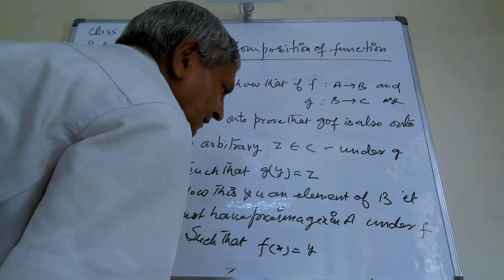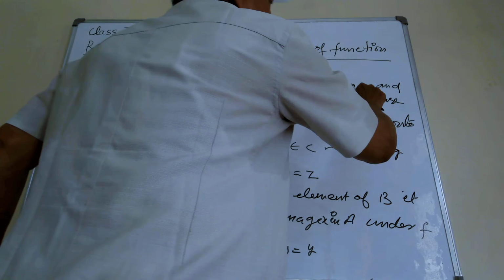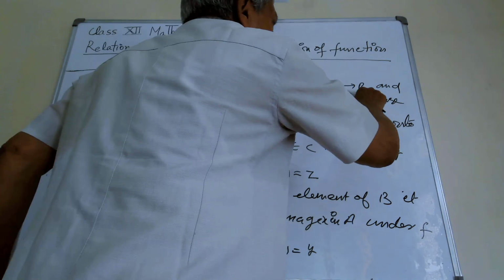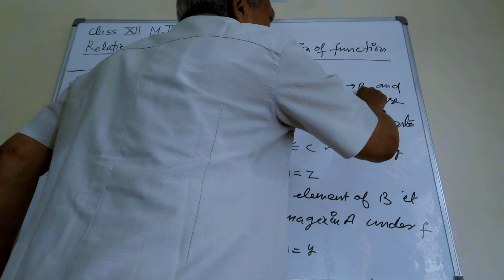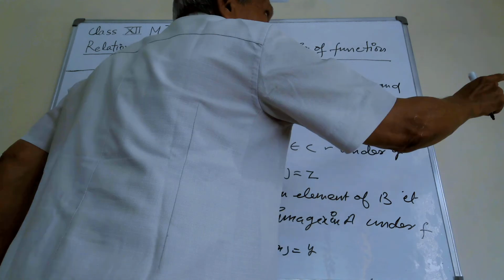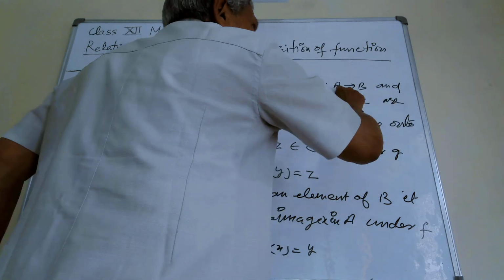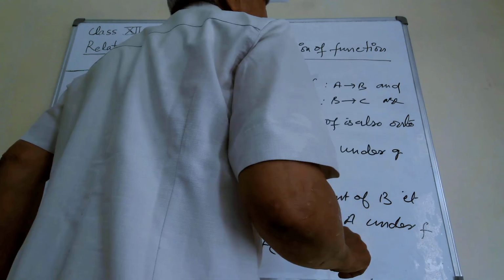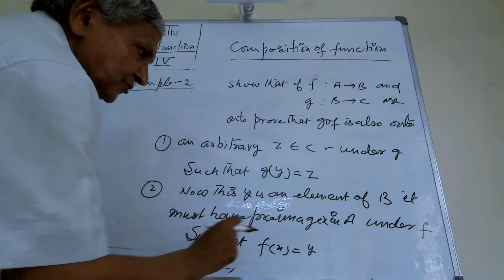This is the condition. If y belongs to B, it means this element under f must have a pre-image in A. Then the condition will be satisfied. So f(x) is equal to y.